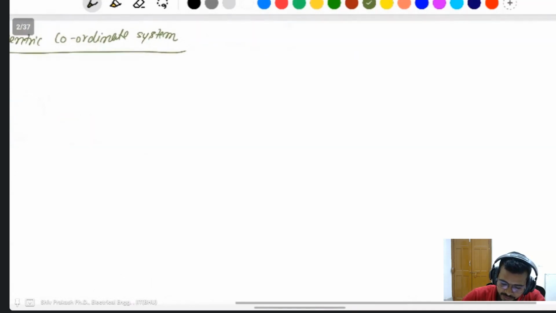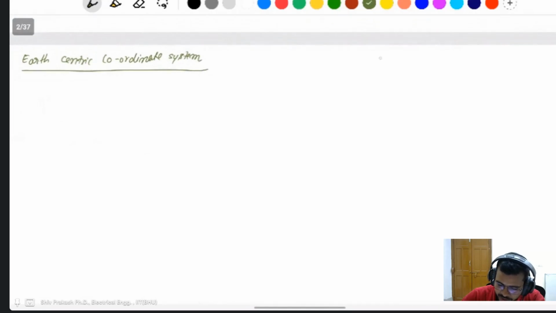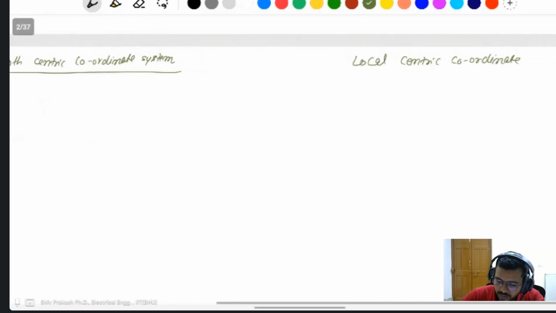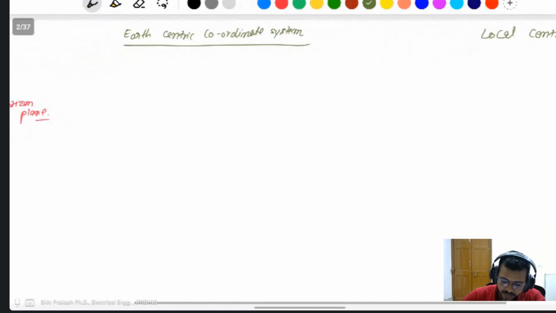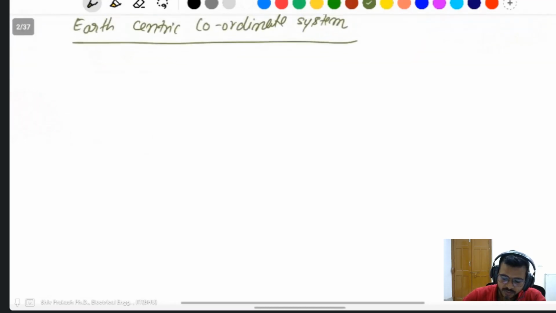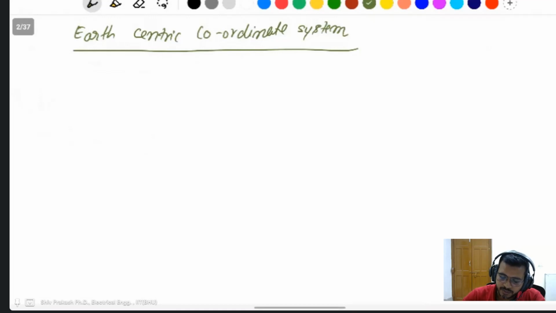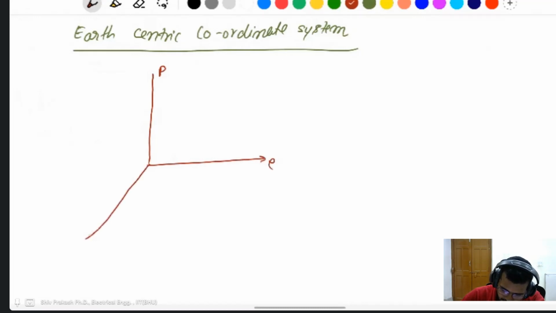In the earth coordinate system there are three axes, like a polar axis, east axis and meridional axis.